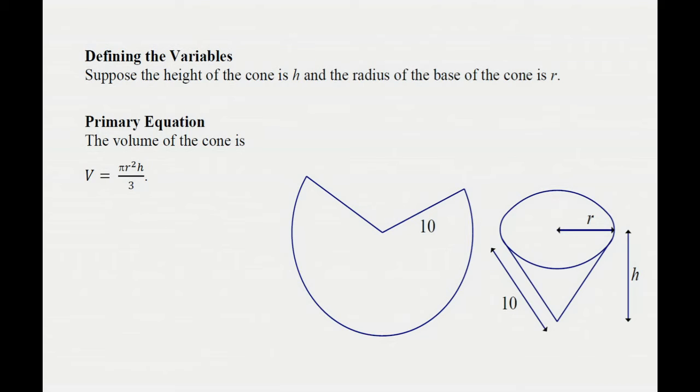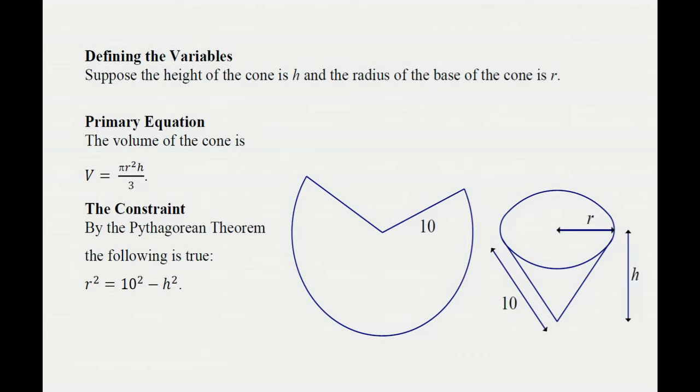Let's take a look at our constraint. Using the Pythagorean theorem, I can conclude that r squared is equal to 10 squared minus h squared. Take a closer look.